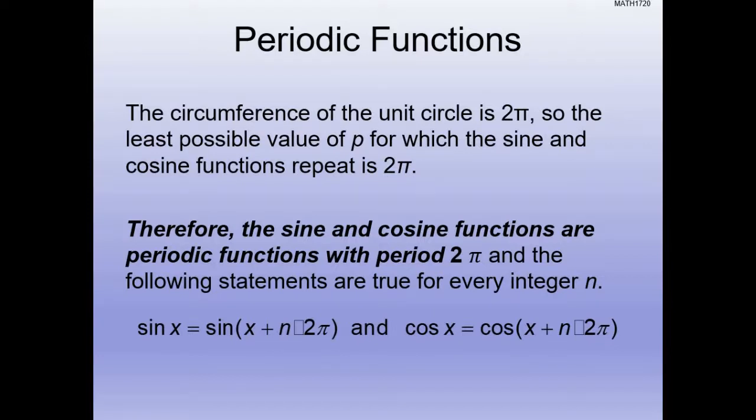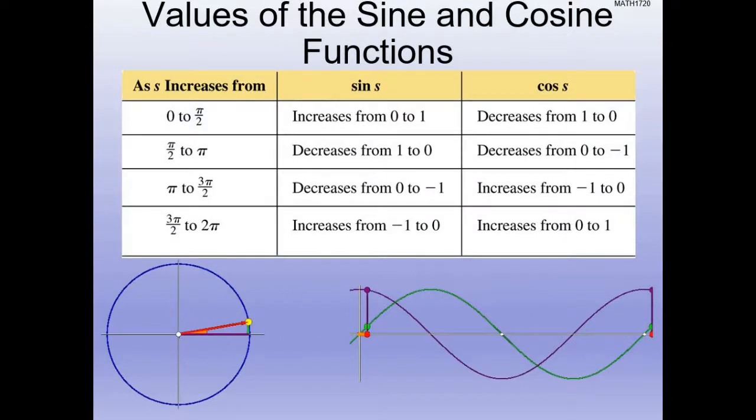And cosine of x equals cosine of the quantity x plus n times 2 pi, where n can be any integer. It can be 0, 1, 2, 3, 4, 5, 6, 7, 8, and so on all the way up. And it holds true for every integer when we're looking at a periodic function. That's just the definition of a periodic function from a few slides ago. We're just throwing sine and cosine into the mix here.